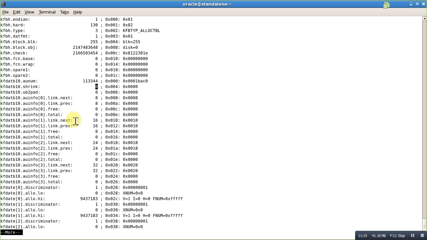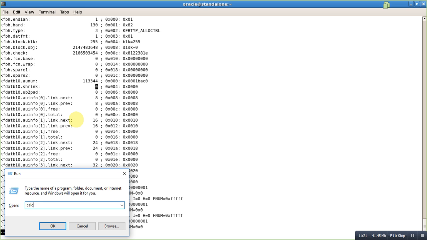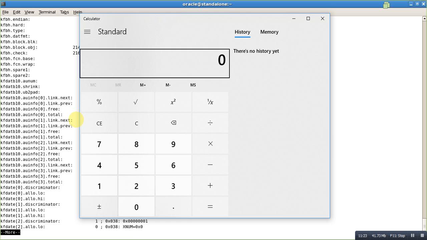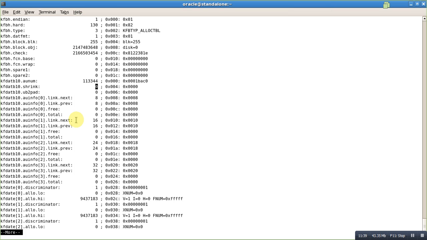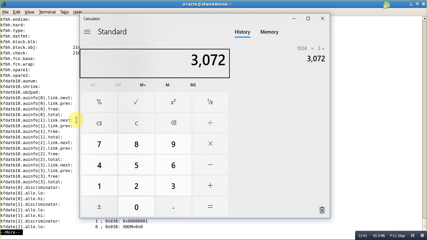Now I have a data file. I created a disk of 3 GB size. So 1024 into 3, which is nothing but 3072, is the size of my disk. As I said, one allocation unit is equal to 1 MB.